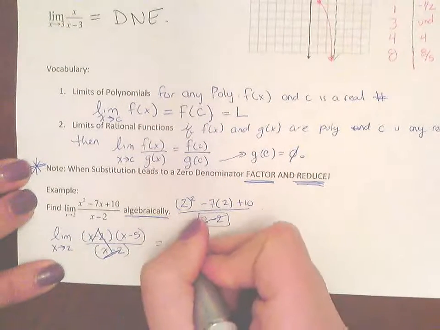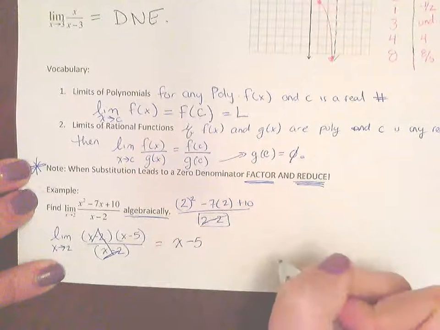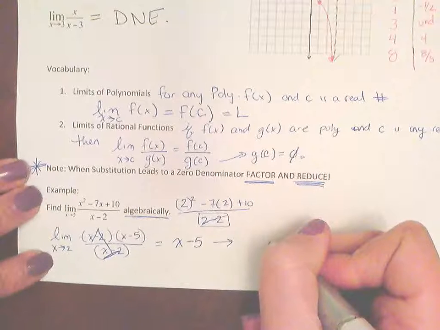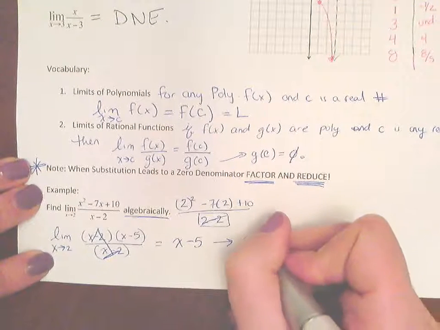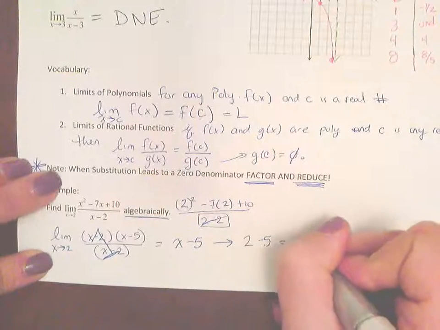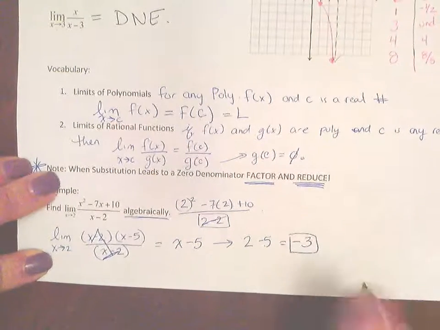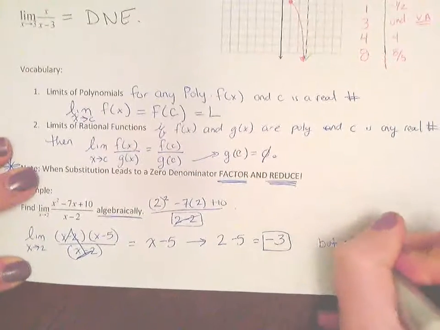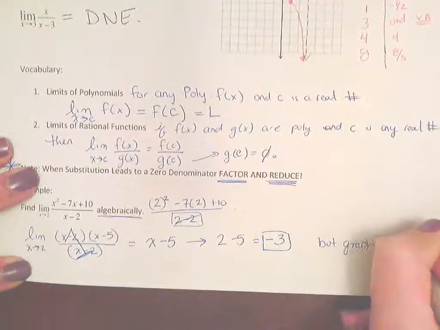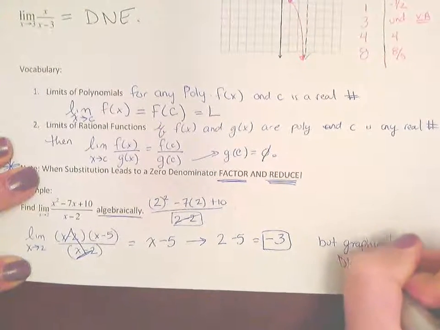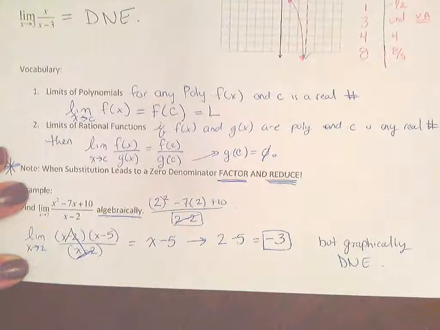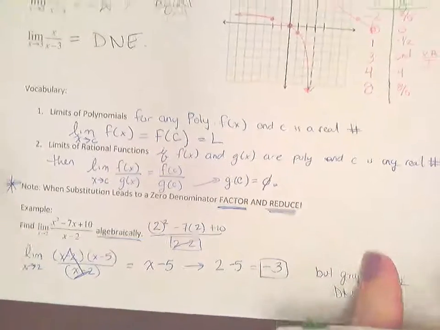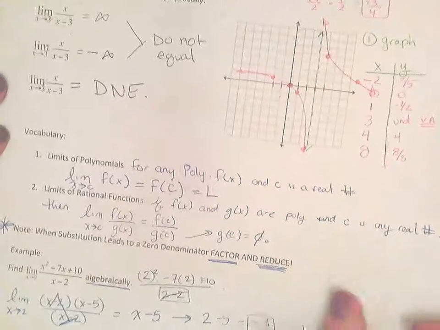So now my new function that I'm finding the limit for is x minus 5. So now I can use substitution. So I want to know as x approaches 2, so I just plug in 2 minus 5. And so algebraically, the limit is negative 3. But graphically, it does not exist. And we'll talk about why they do this in class tomorrow or the day after.